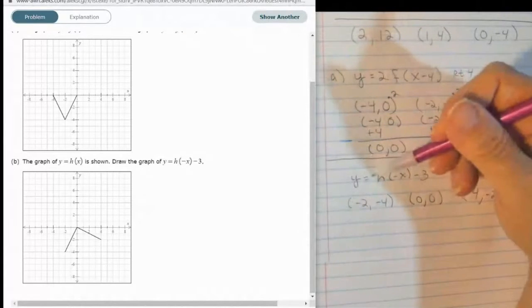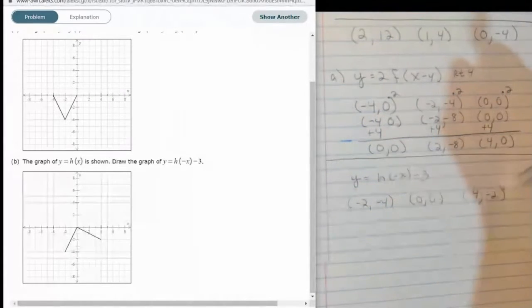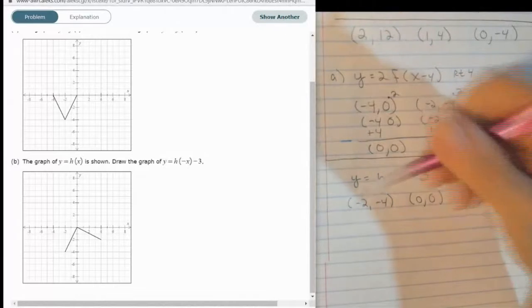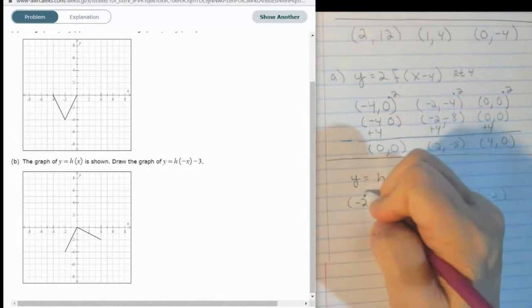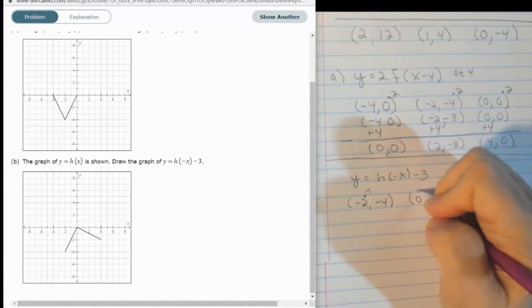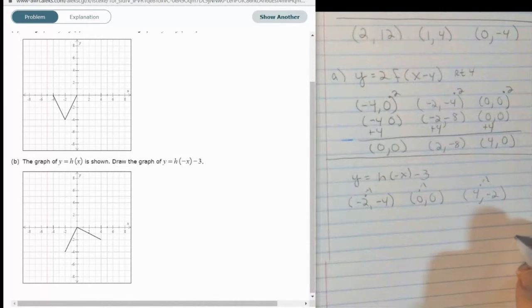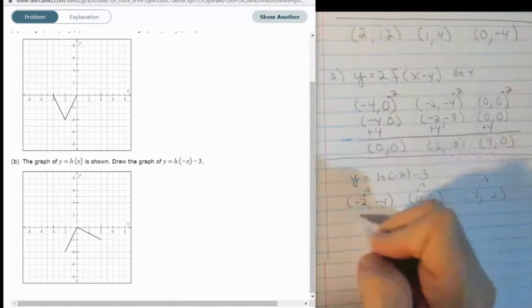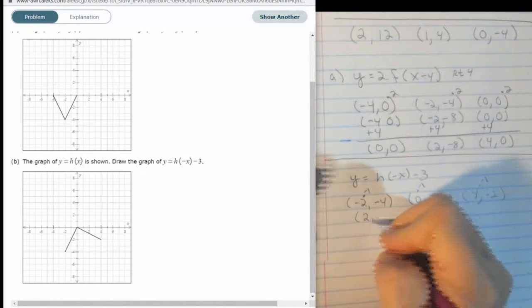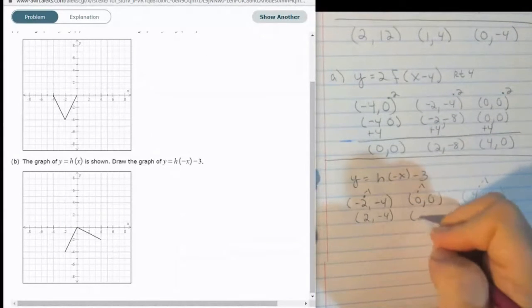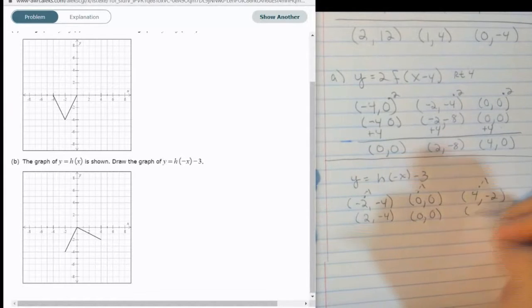When it's outside, it changes the y's. When it's inside, it changes the x's. So we multiply these by a negative 1. So we have (2, -4), (0, 0), and (-4, -2).